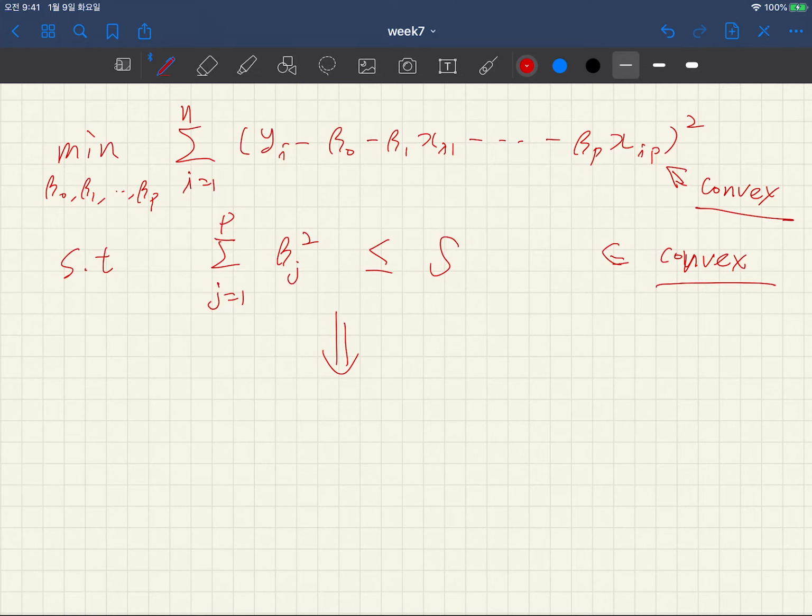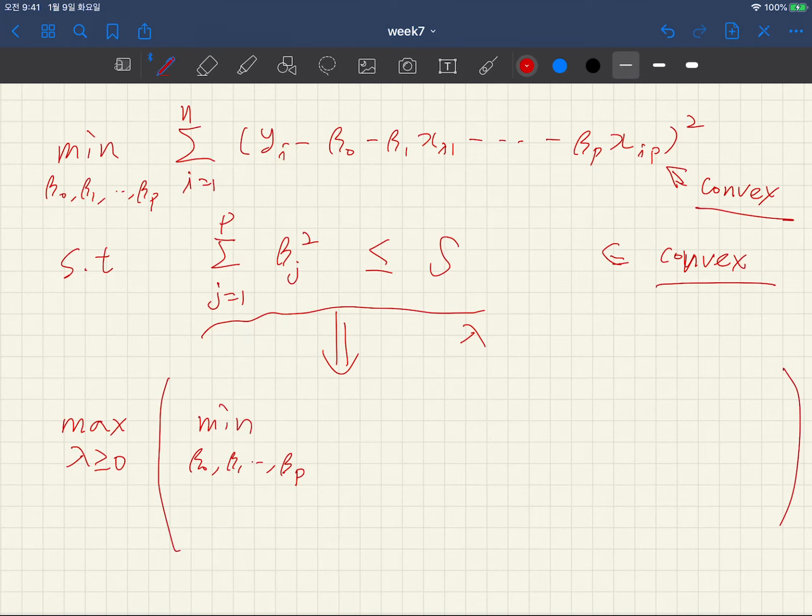The Lagrangian dual approach changes this problem like this: max over lambda positive, minimize with respect to beta. So you first minimize.